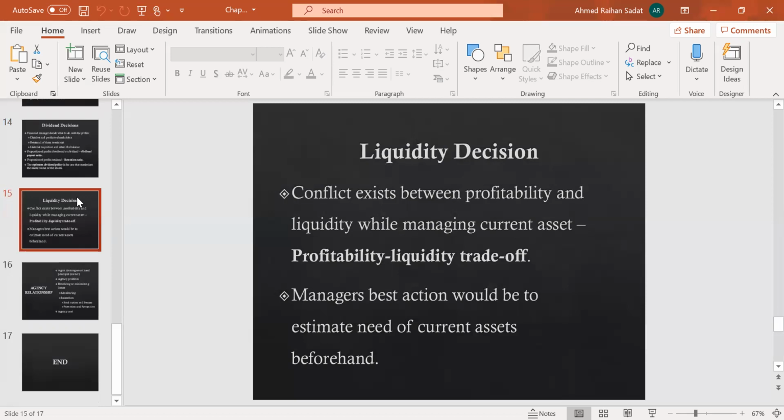Think about the situation. You have 100 taka in your bank. Now the decision is how much to take and invest, and how much to keep as a cushion, as a risk-balancing value.